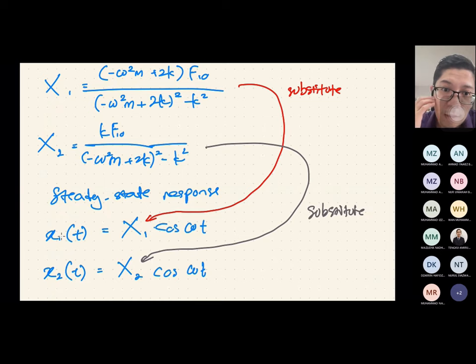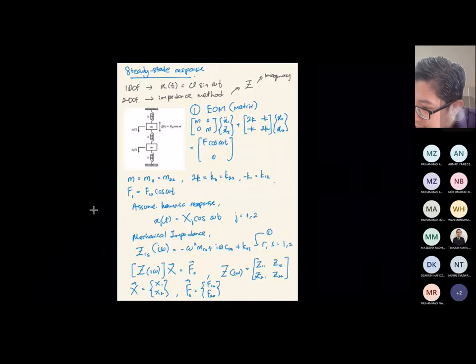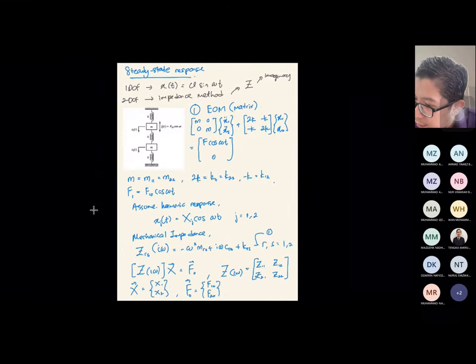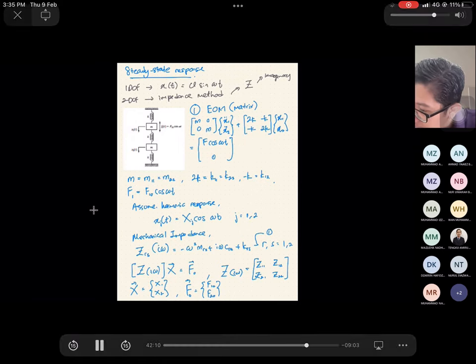Okay, that's it. Do you have any questions? Look at the process that we mentioned earlier. So first, equation of motion.